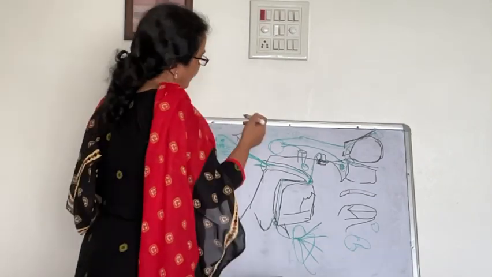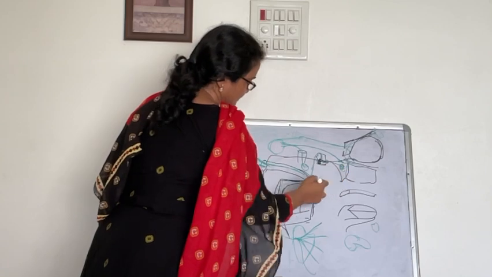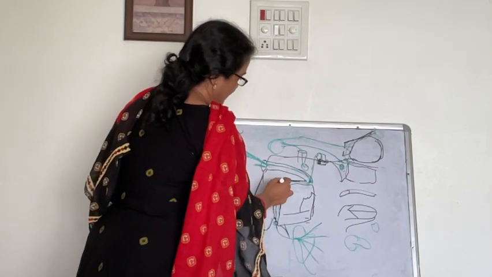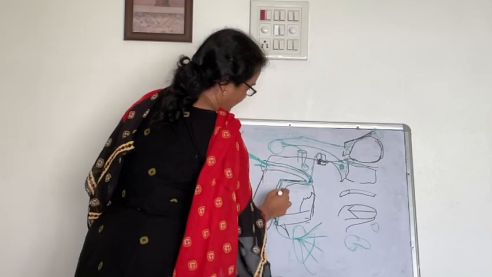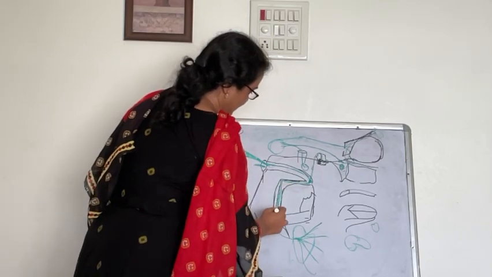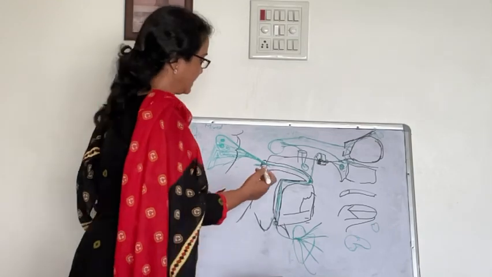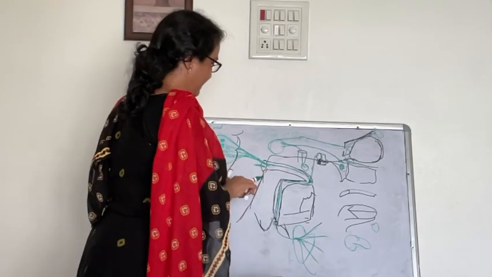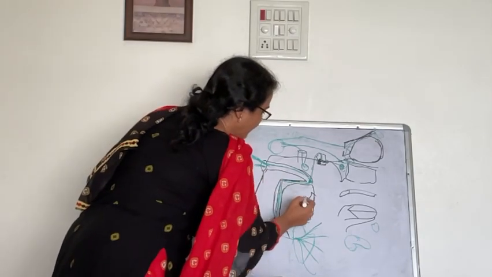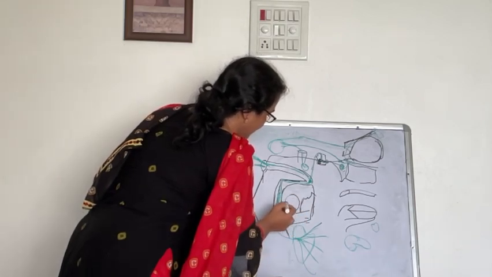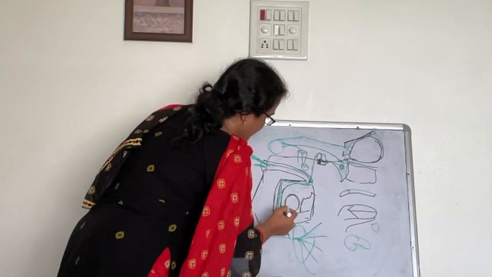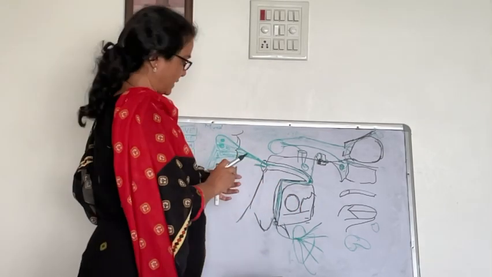Then it will also give branches during this canal, this is the horizontal part, and this is the vertical part. The vertical part is present in the posterior wall of the middle ear cavity. Here this is the anterior wall of the middle ear cavity. You can see that due to the basal turn of the cochlea, one elevation is there, called the promontory.